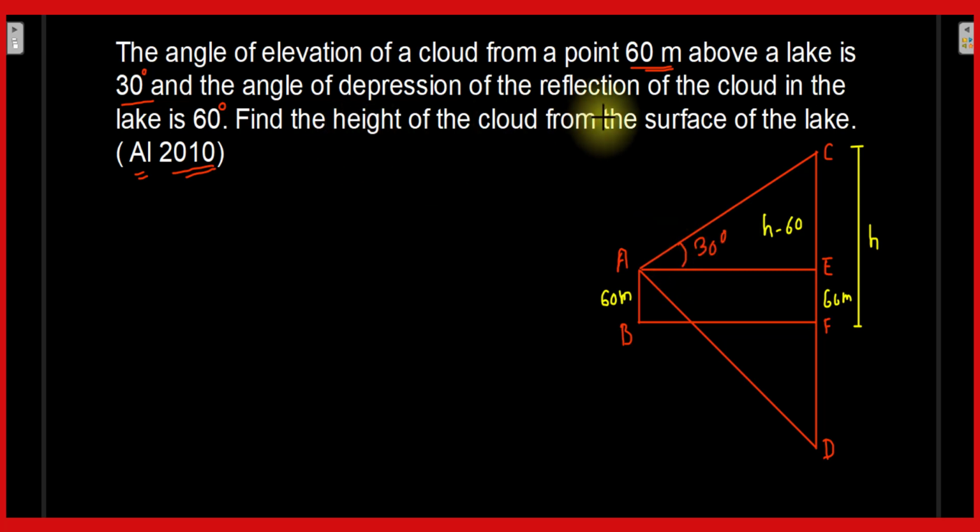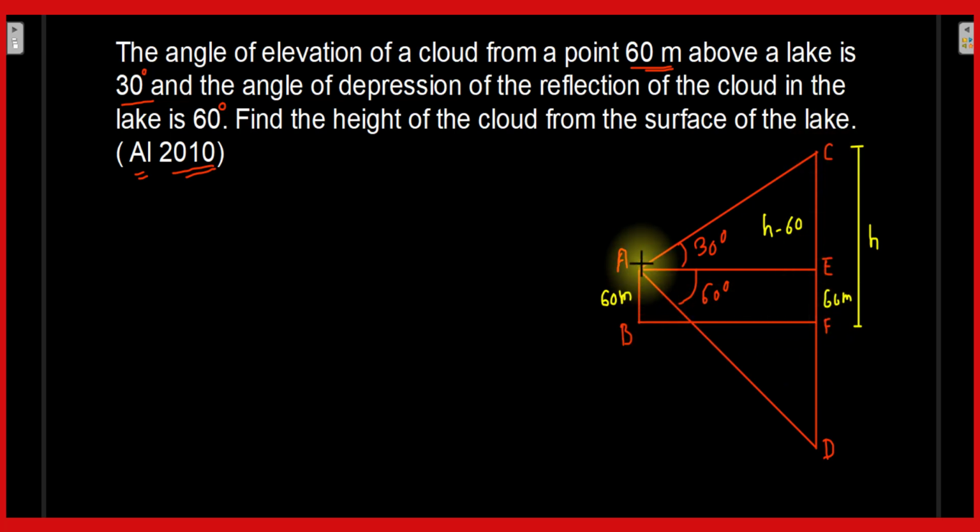The reflection of the cloud is point D, and the angle of depression of the reflection from point A is 60 degrees. So this angle is 60 degrees, and we have to find the height of the cloud from the surface of the lake. That only we have to find.